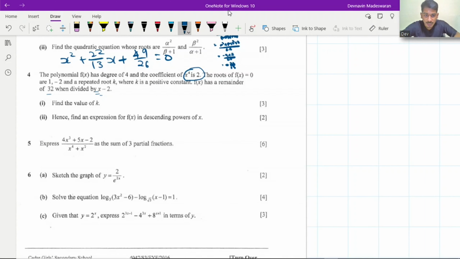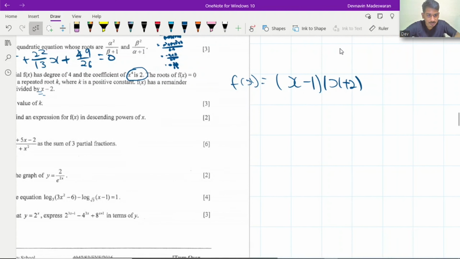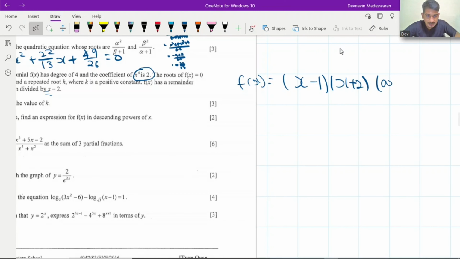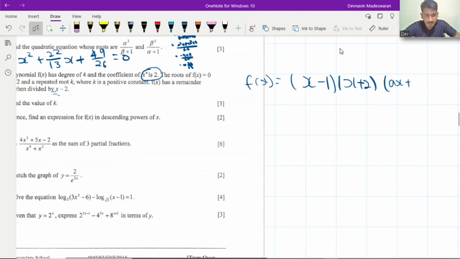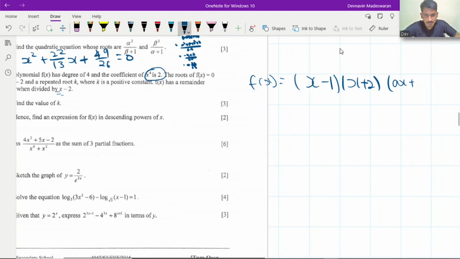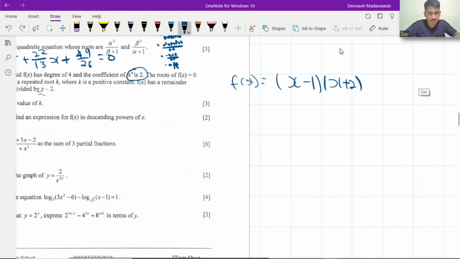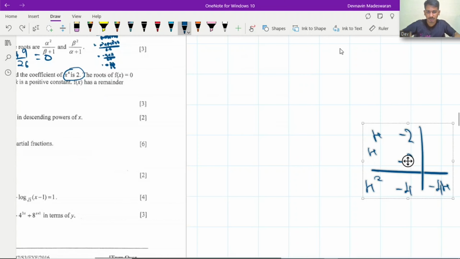We know that f(x) has the factor x minus 1, has the factor x plus 2, but it also has another factor, ax plus something, ak. Oh, wait. Interesting question.